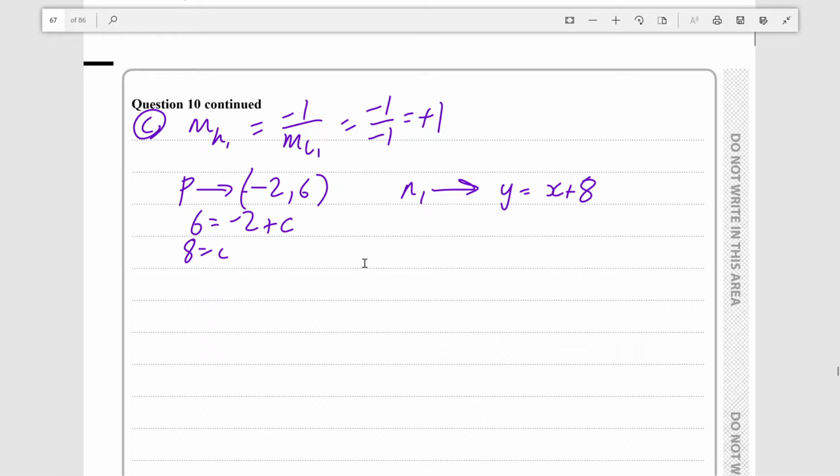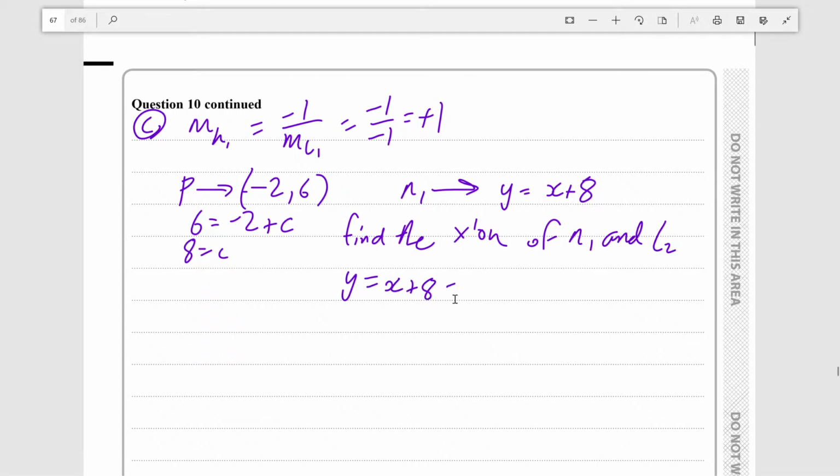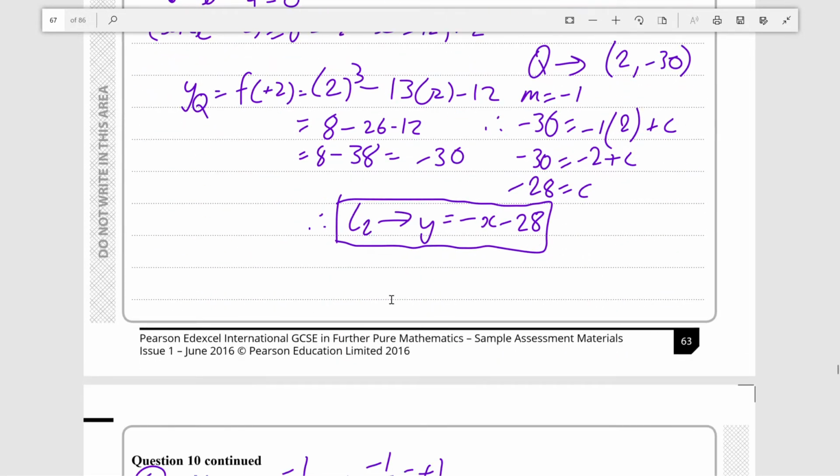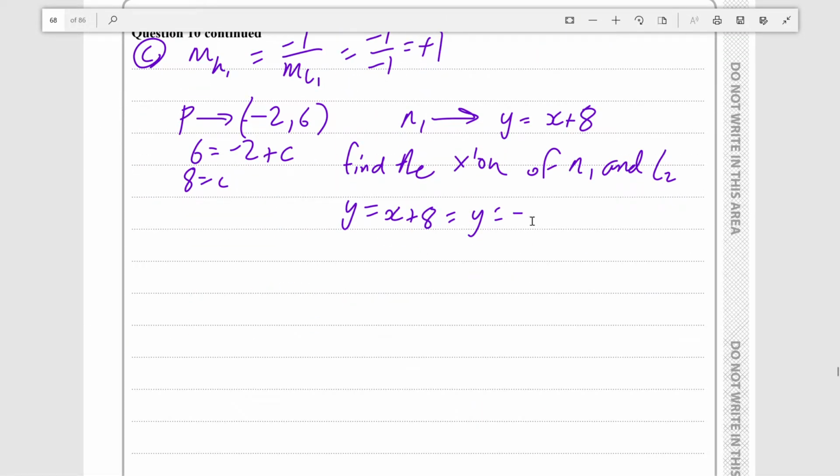And therefore, to find the intersection of the first normal line and the other line, L2, we have to make y is equal to x plus 8 equal to y is equal to minus x minus 28.